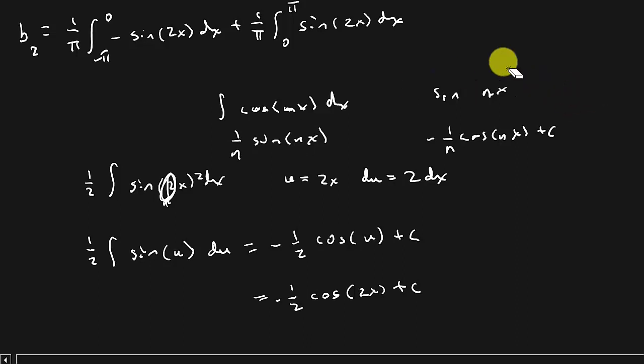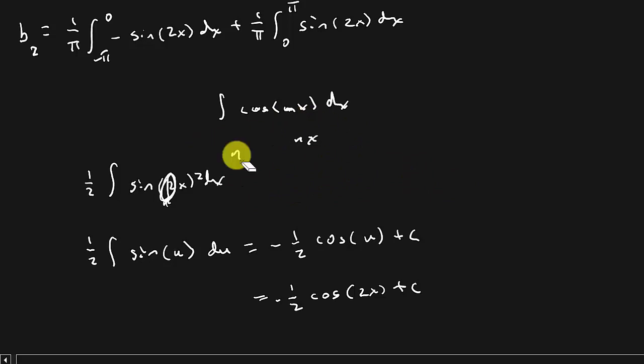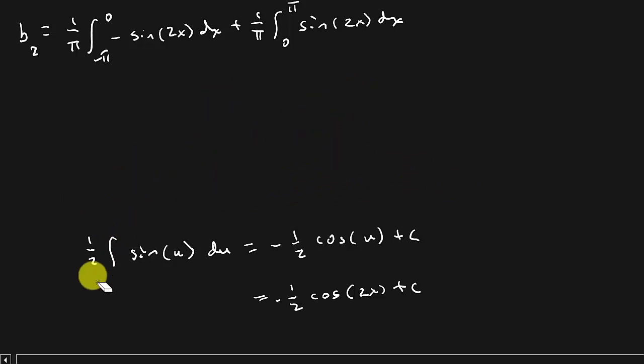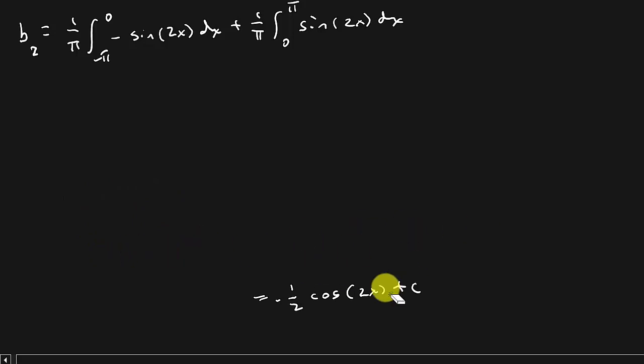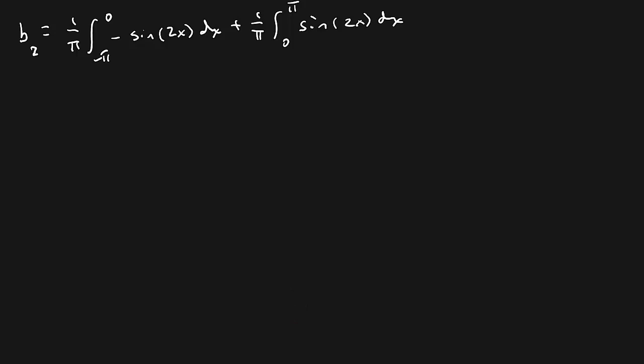Now that we've got that established, that's going to make it a little easier on how much work we need to show in the video. But if you don't remember to do that, you can do it using u substitution.